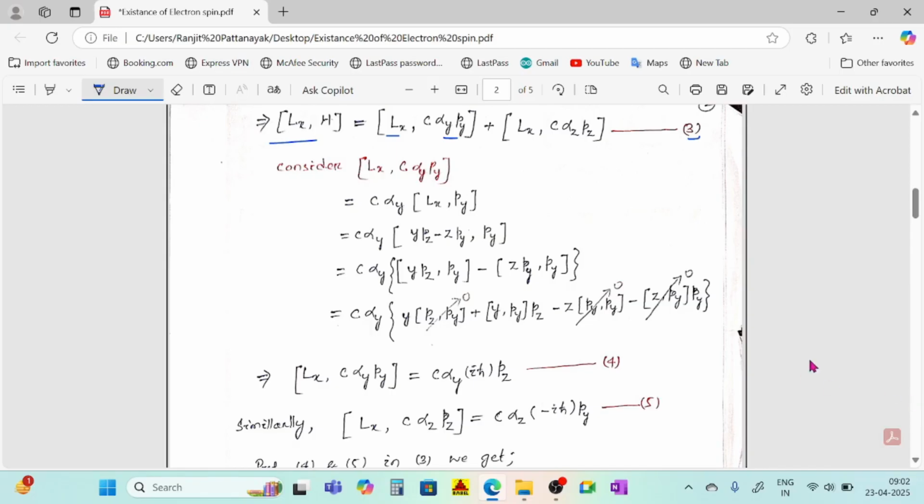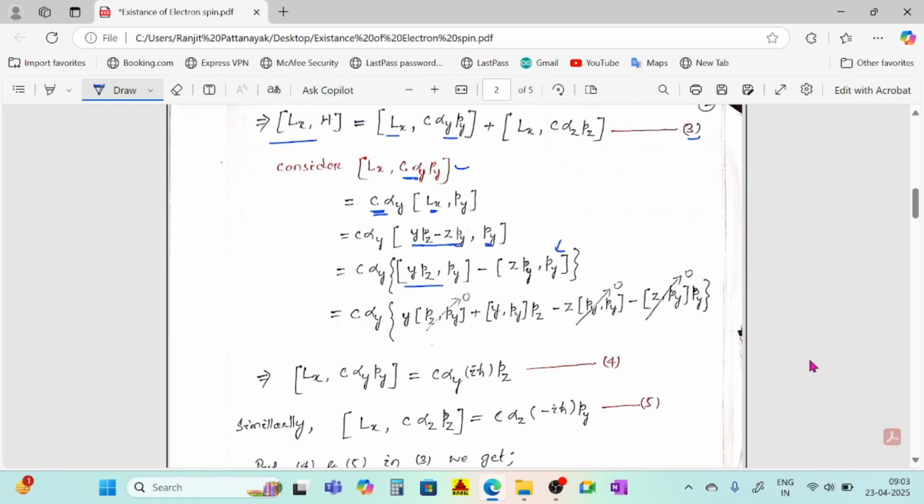Here Lx with c alpha y py: c and alpha y are constant scalar quantities, so taking c alpha y outside, we have Lx with py. The x component Lx is y pz minus z py, and this is with py. So y pz commutes with py, written over here, and then minus z py with py.